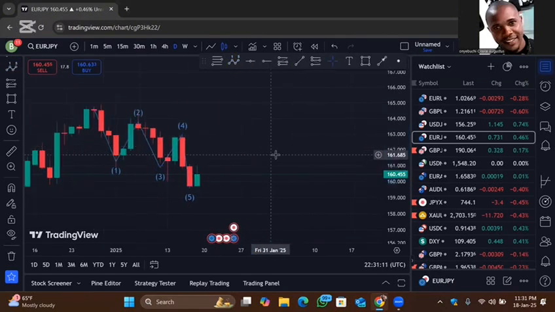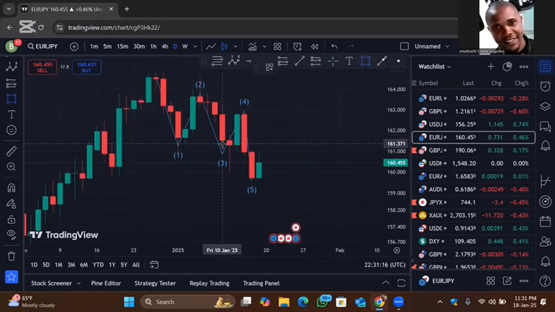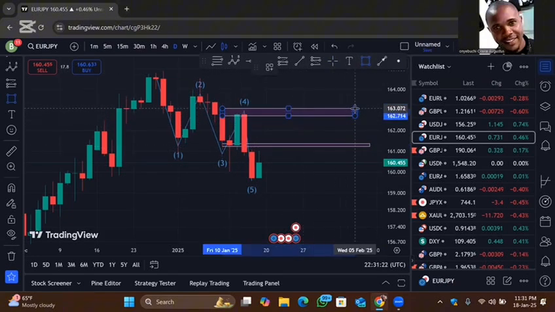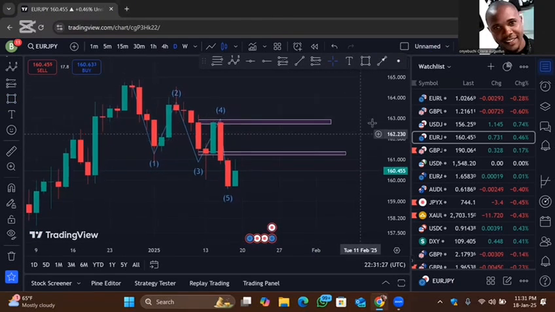So next week we'll be expecting price to come and test this level of structure, or test this last lower high, for us to continue in the downtrend.